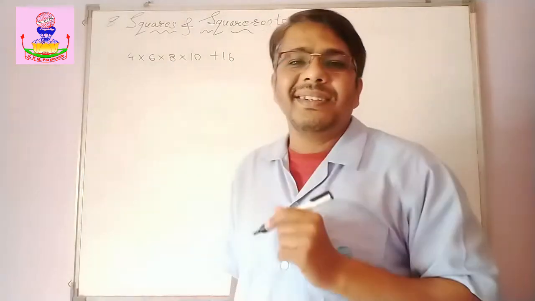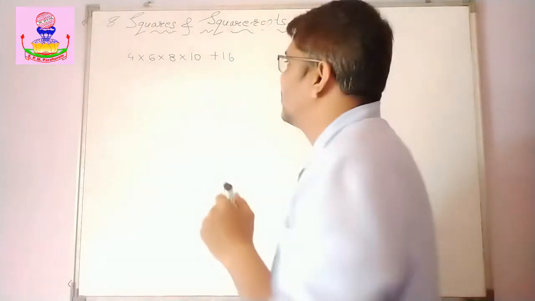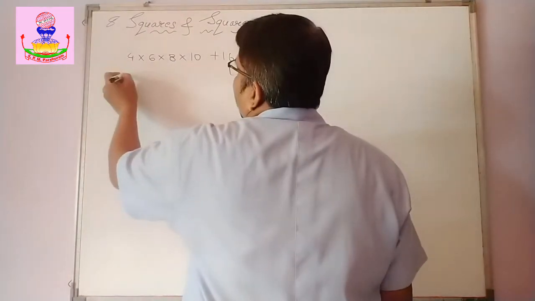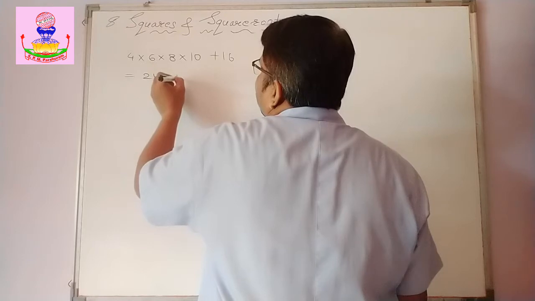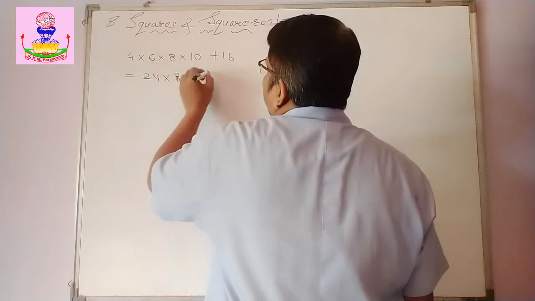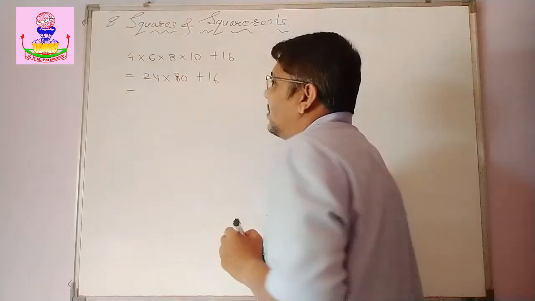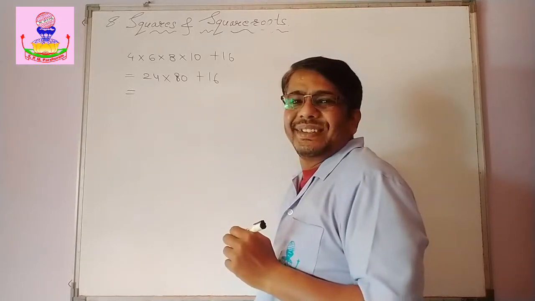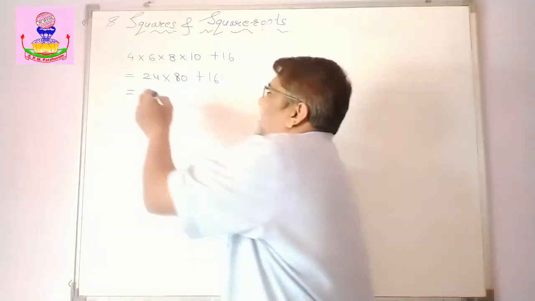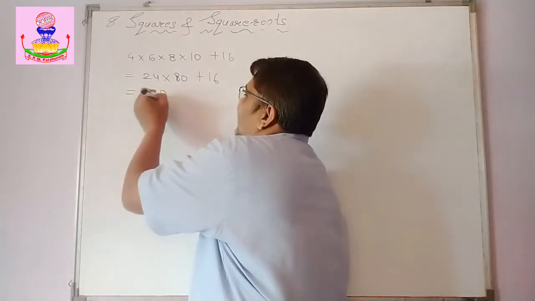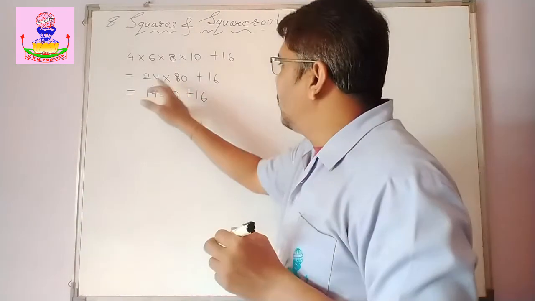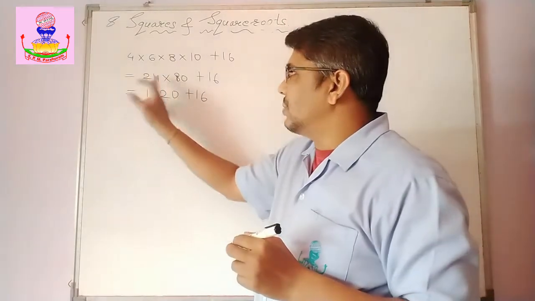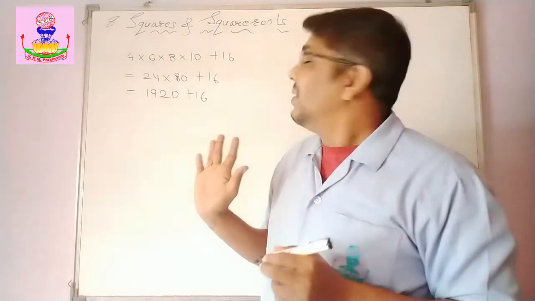You will definitely get a perfect square. So see, 6 4s are 24, 10 8s are 80, plus 16. Now 24 8s are how much? Do you know it? 192. Check it. 8 4s are 32, 3 carry on. 8 2s are 16 plus 3, 19.